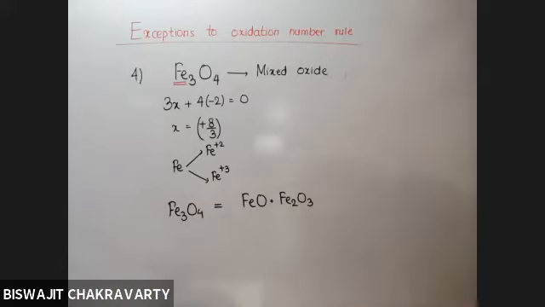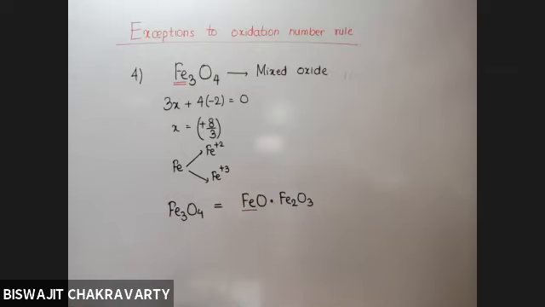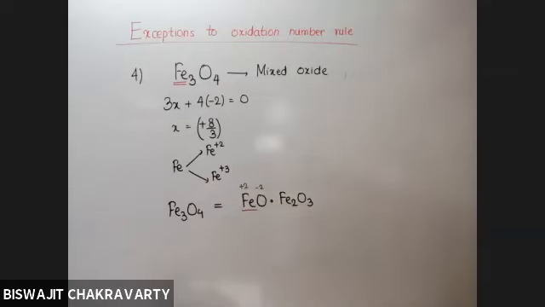Now, what is the oxidation state of iron in FeO? Forget about this. +2. It is -2, so will it not be +2? Yes, sir. That means it is acceptable.